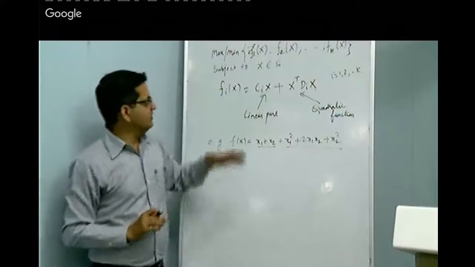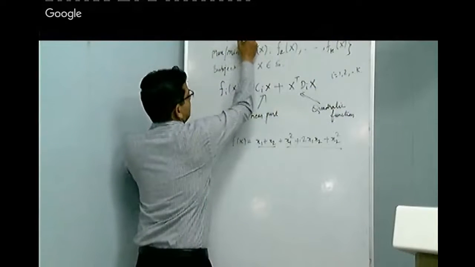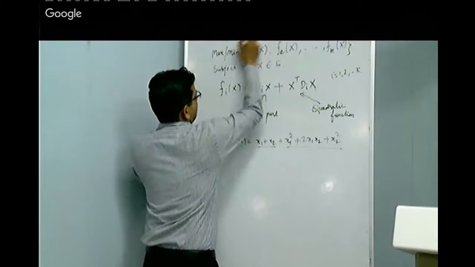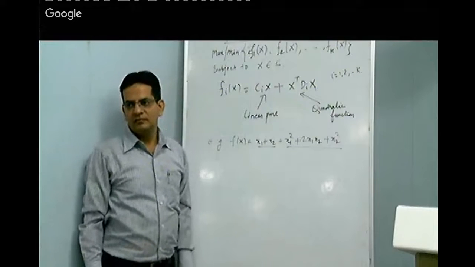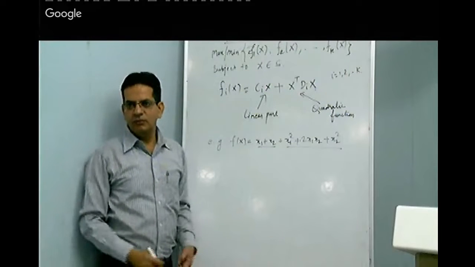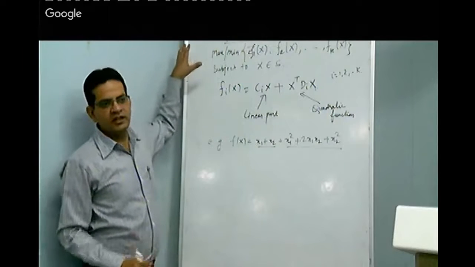Again, this type of problem is called multi-objective quadratic programming. These are extension problems, obviously. These are not any individual problems. These are extension problems.